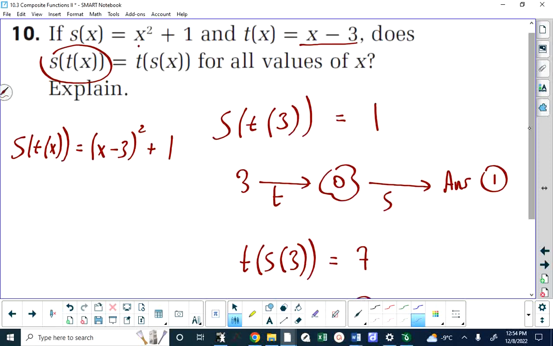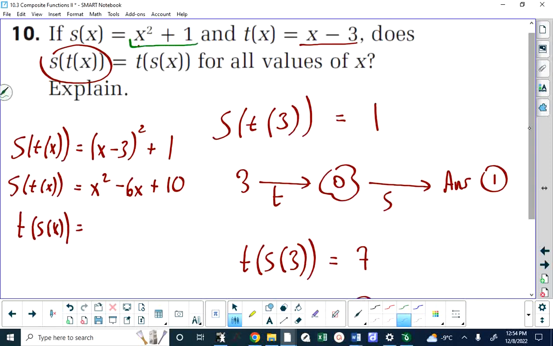X minus 3 quantity squared means x minus 3 multiplied by x minus 3. And when you FOIL that out, you get for S of t of x, x squared minus 6x plus 9 plus the 1 is 10. This is S of t of x. If I find out what t of S of x is, I have to take this and put it in here.